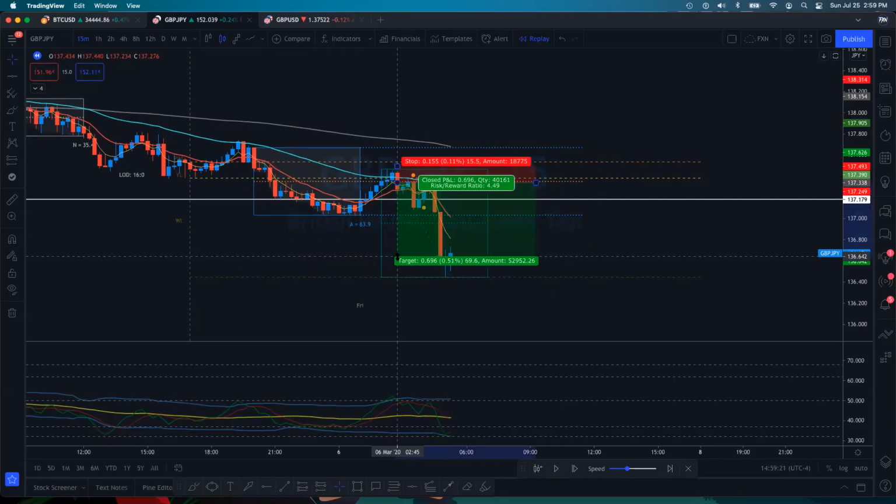So that actually went down like 70 freaking pips. Actually more like 89 pips. So that turned from a 2-to-1 to like damn near 5-to-1 risk to reward ratio. That's what's up.